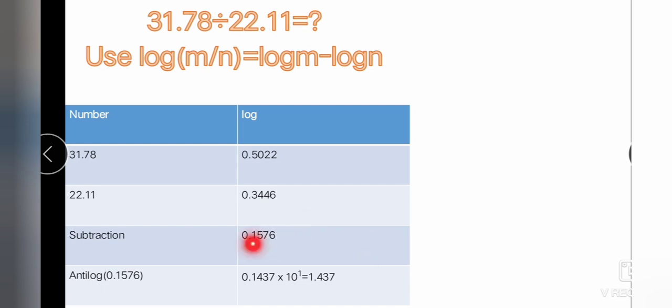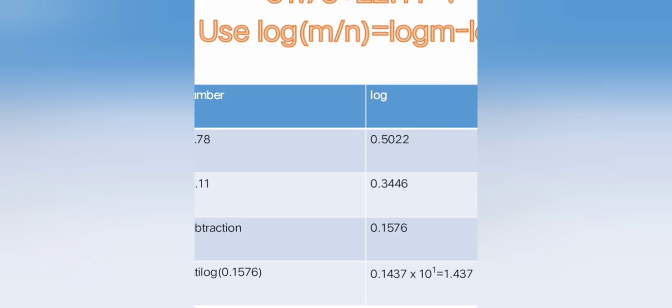The power of 10 is: add 1 to 0, so 10 raised to 1, and the antilog page gives the value.